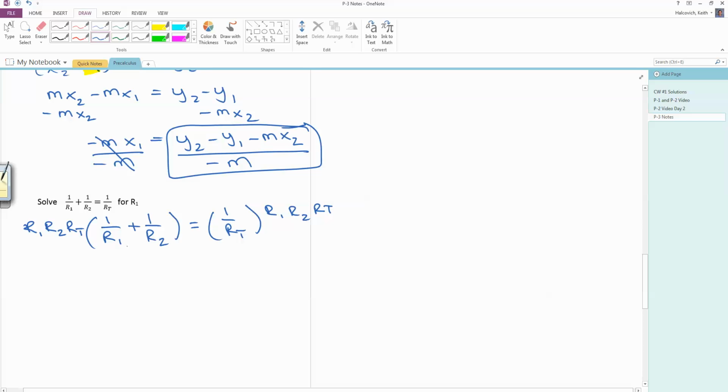So here, notice the r sub 1 will cancel out, and you're left with r sub 2 times r sub t. Here, the r sub 2 cancels out, and you're left with r sub 1 times r sub t. And here, you're left with r sub 2 times r sub 1, because the r sub t's cancel out.